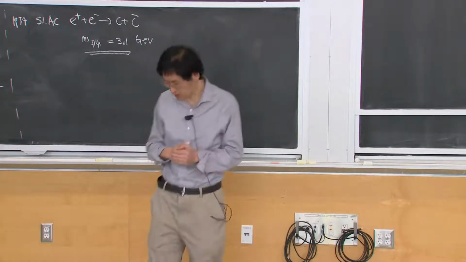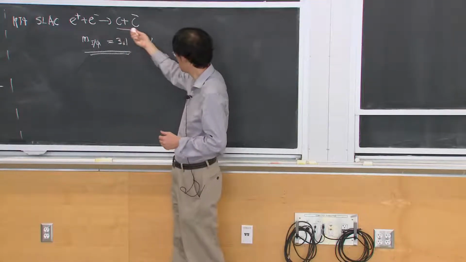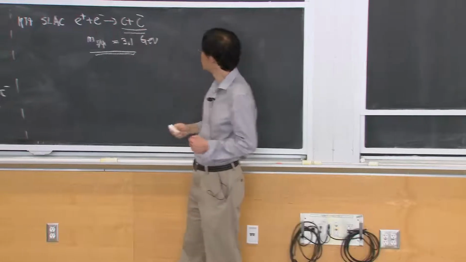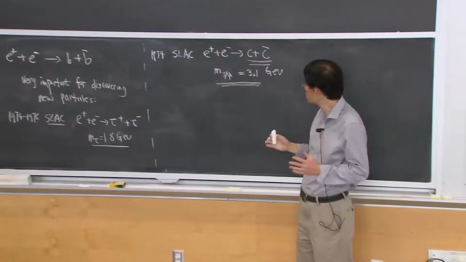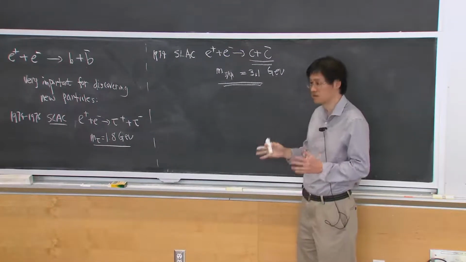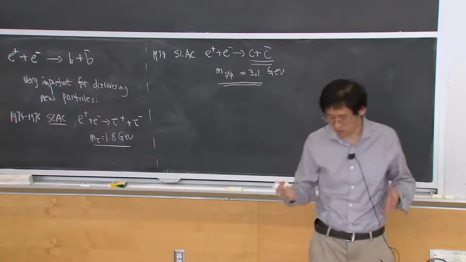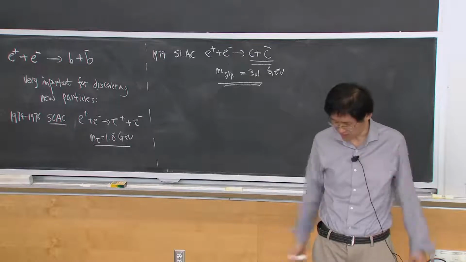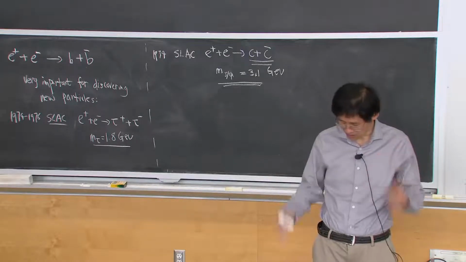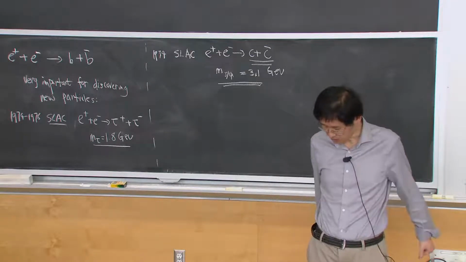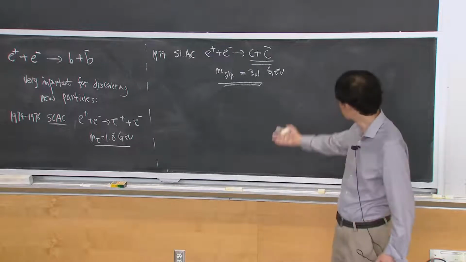This was an important discovery because before that people didn't quite believe quarks exist, even though there were many models and lots of other evidence. But this was the first.